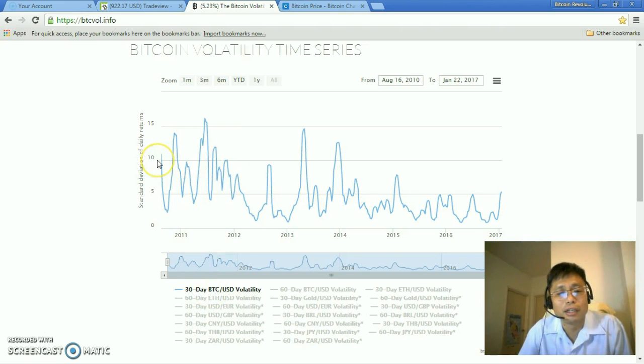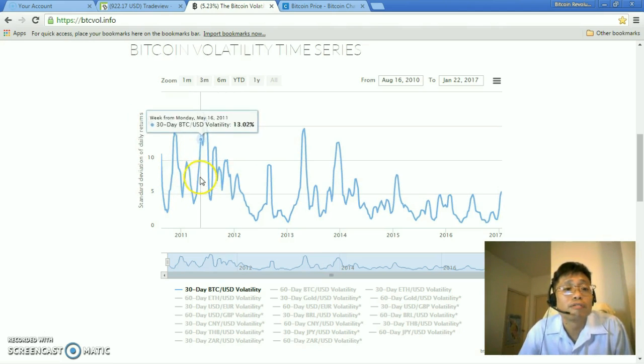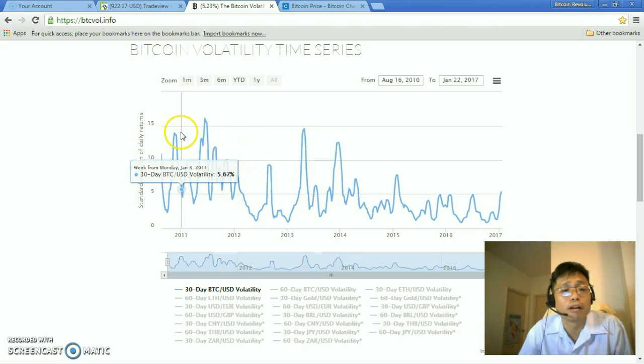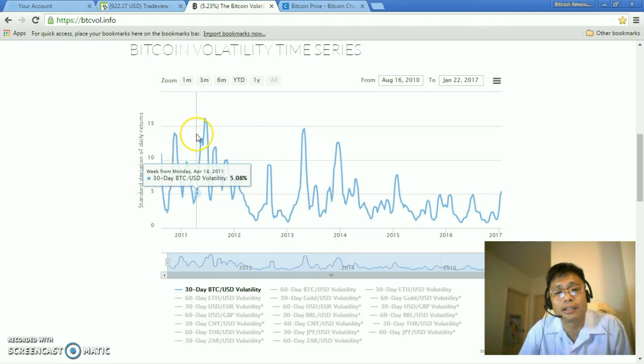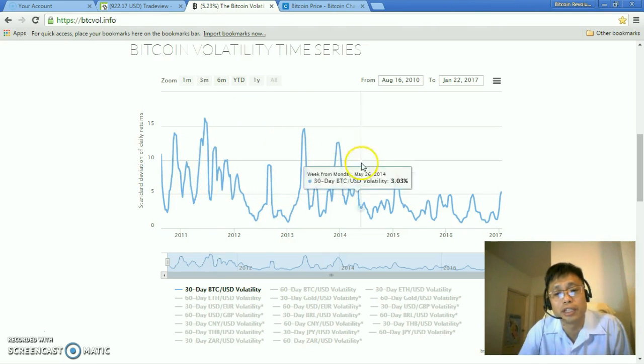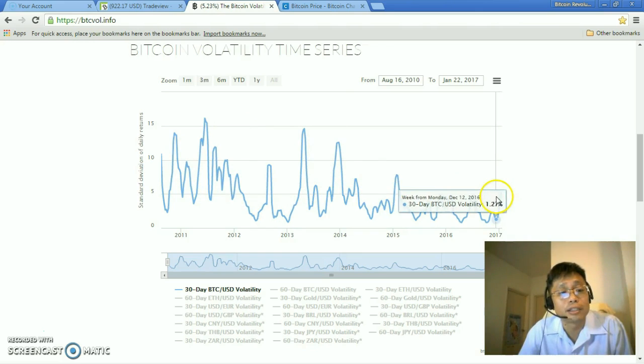So as you can see, for example in the year 2011, it has been as high as 15 in terms of deviation, but that volatility index has been reducing and currently is as low as 5%. As you can see here.